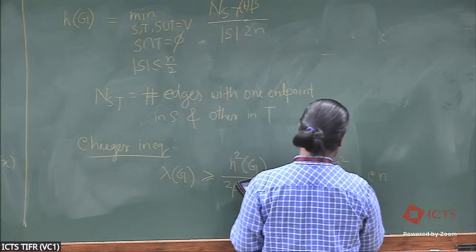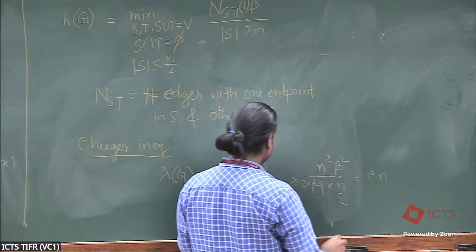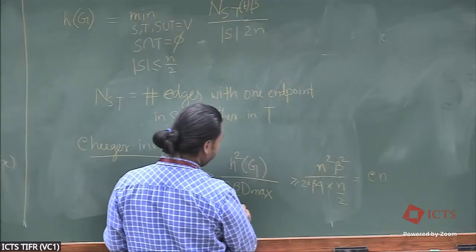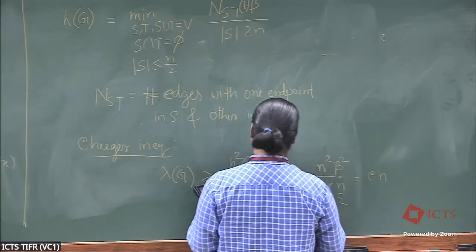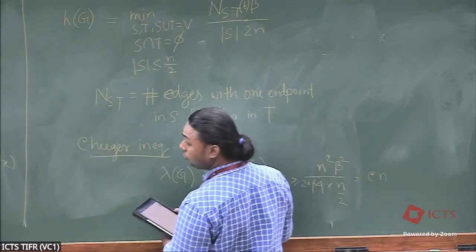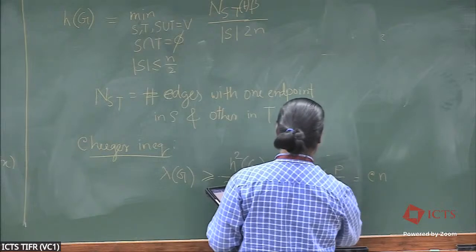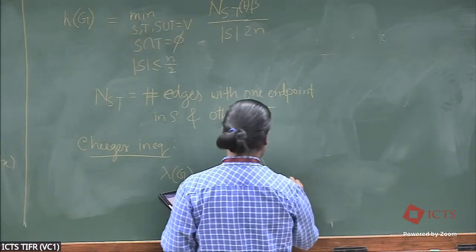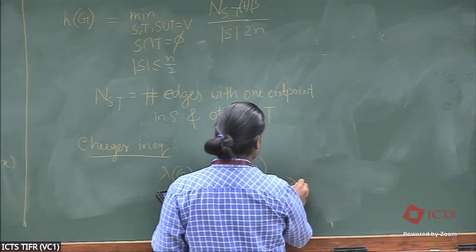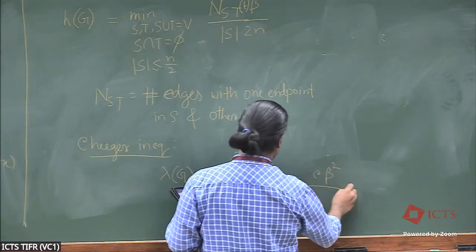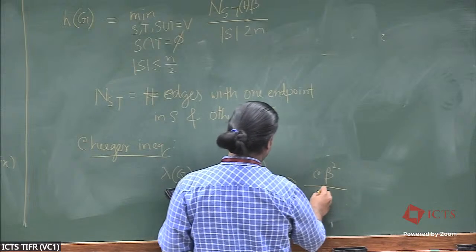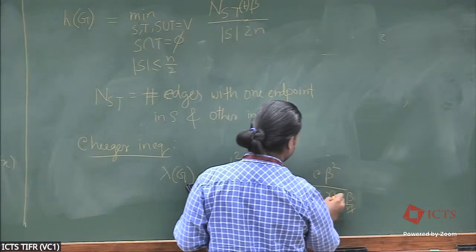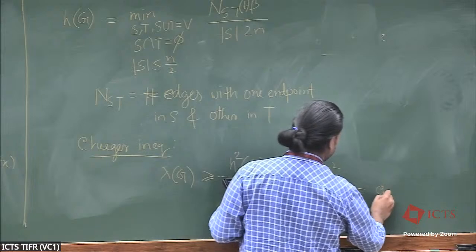So beta by n. Okay, so h square is bounded by some constant times beta, and it is again bounded by D max, which is some constant times n, times beta by n. So you will get some constant times beta.